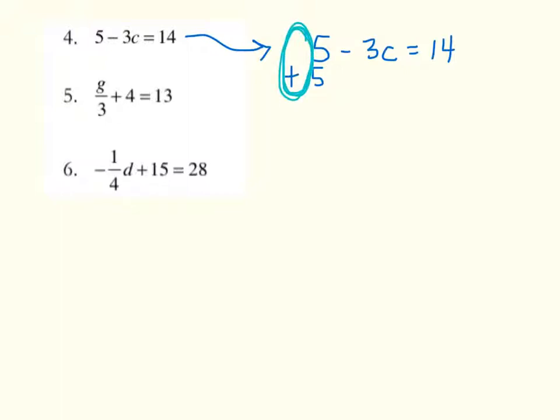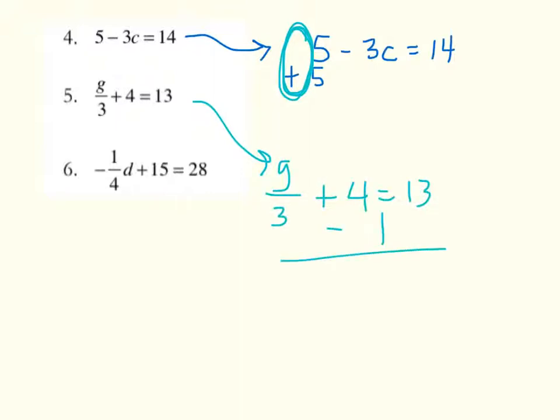In a more straightforward one like this, you've got g over 3 plus 4 equals 13. You can see the minus 4, and you can see that they are opposites right here. Remember that this 5 right here is a plus 5. That's a positive 5. So those are not opposites, and that will not get me the answer I need.